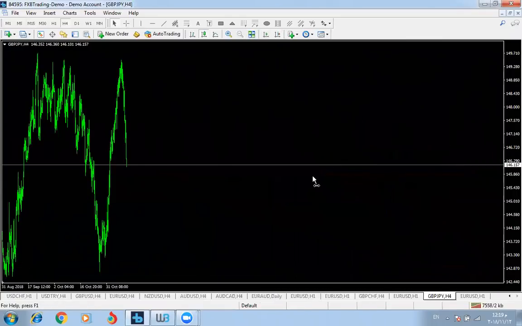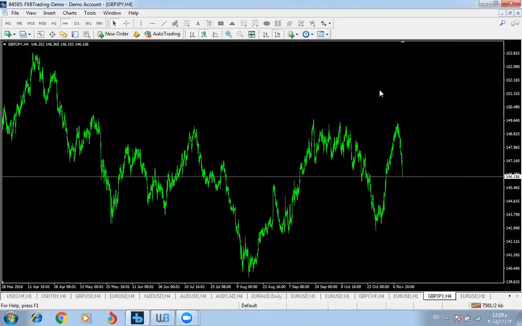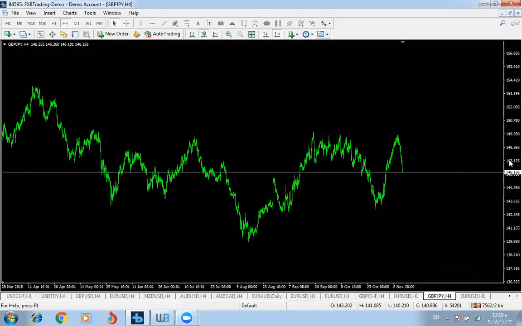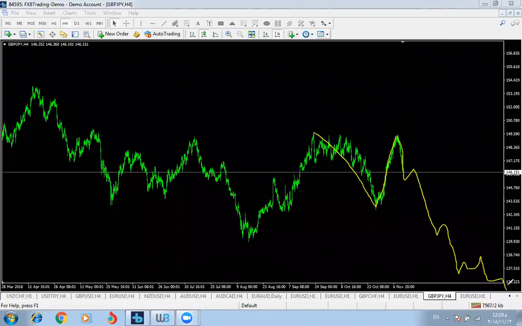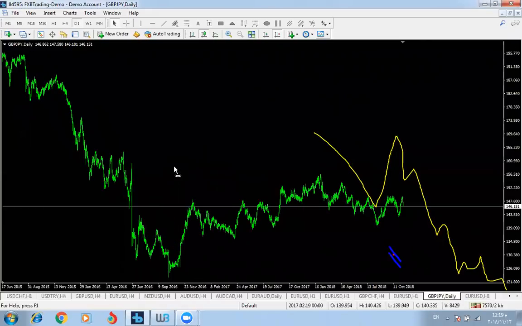I will show you how. For the pound yen, this is the correct count. This is wave 1, wave 2, wave 3. We might see extended wave 3, wave 4, and then wave 5. So we are expecting the price to move like this.